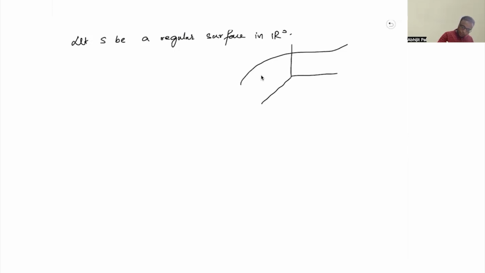Okay, so now let S be a regular surface in R3. This means that suppose this is the set S in R3.